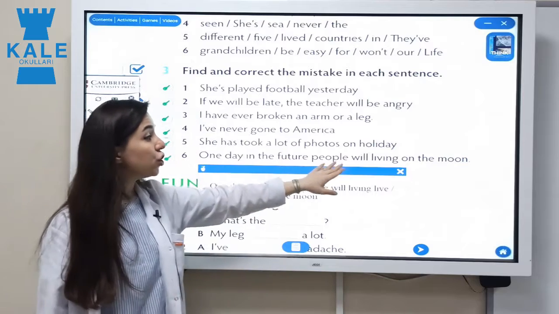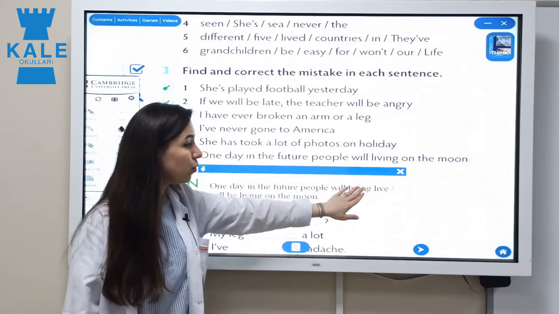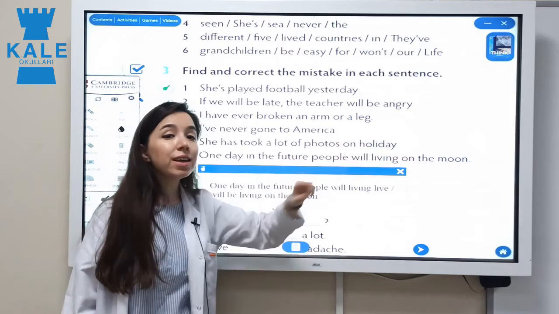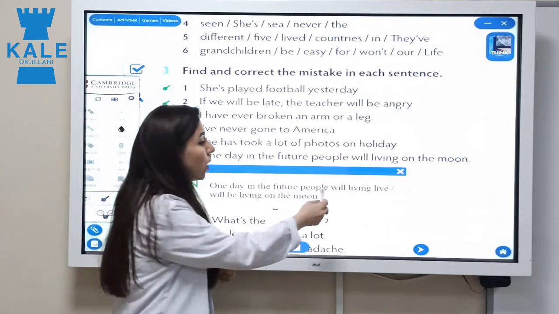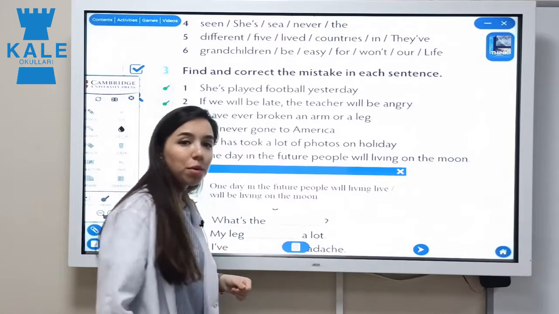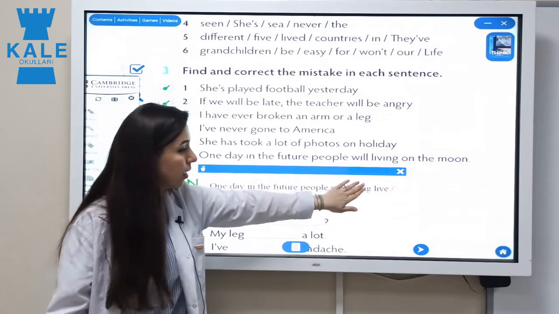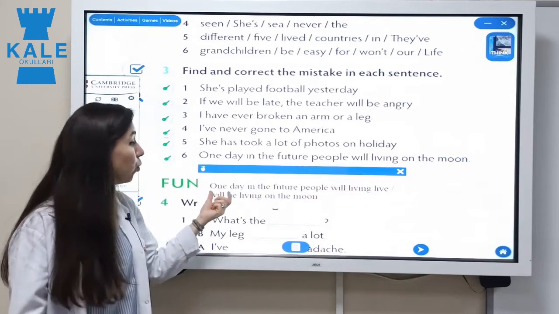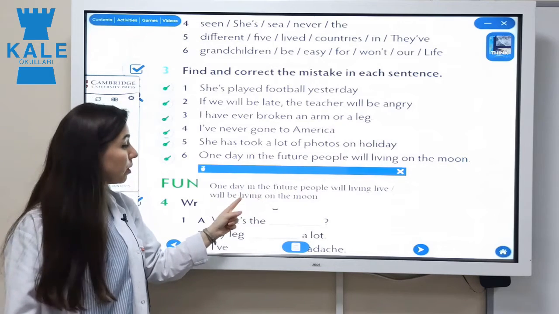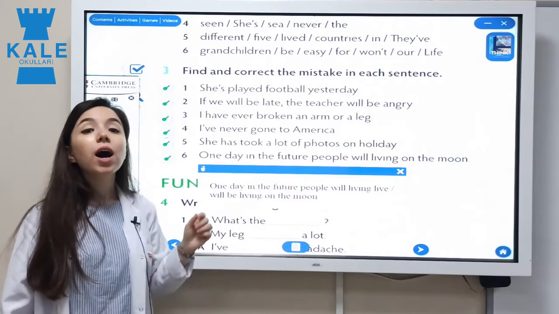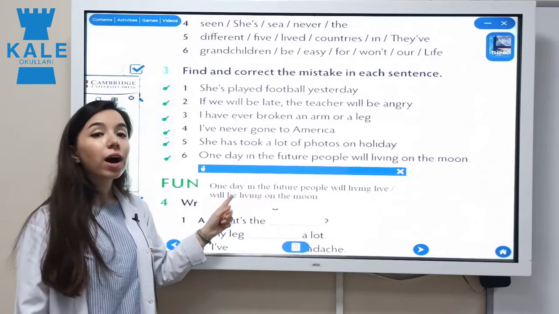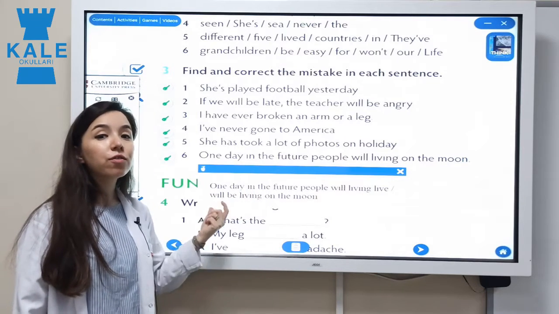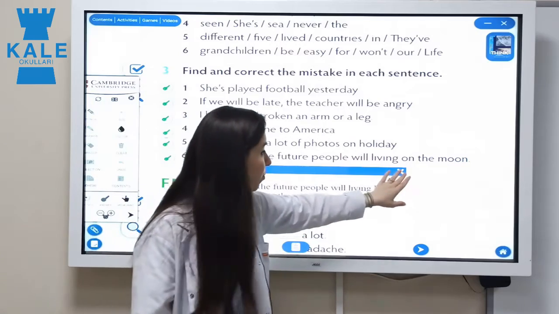But if not, just will live. Means will living is not true here. Will live on the moon or will be living on the moon. So will plus just the simple form of the verb means will live, or will be living on the moon. It means that when we want to put ing at the end of our verb, we need to write the to be verb in the middle of the will and our verb with ing.